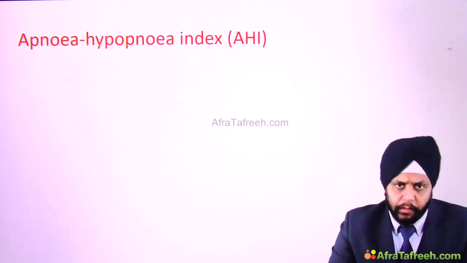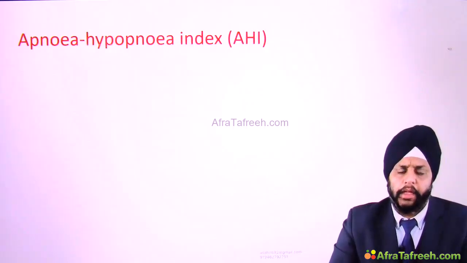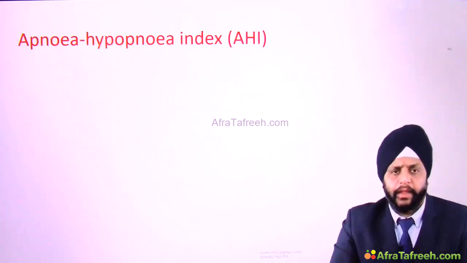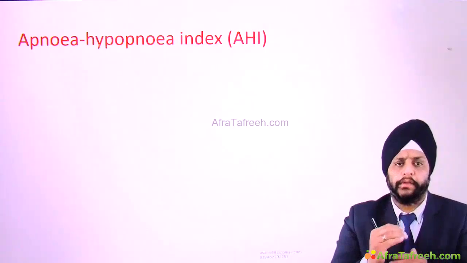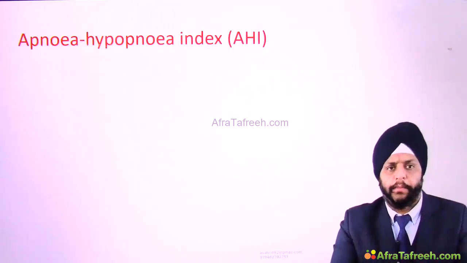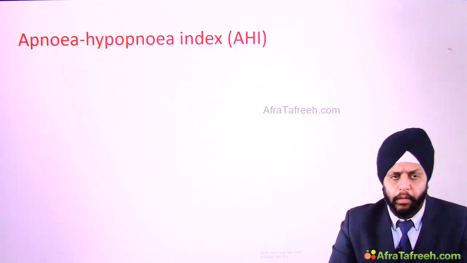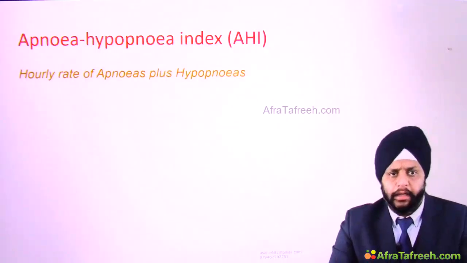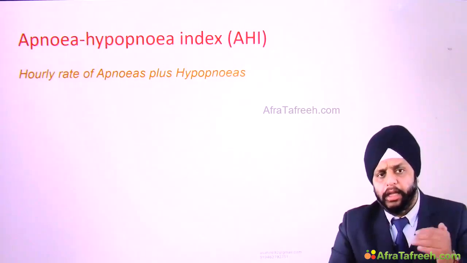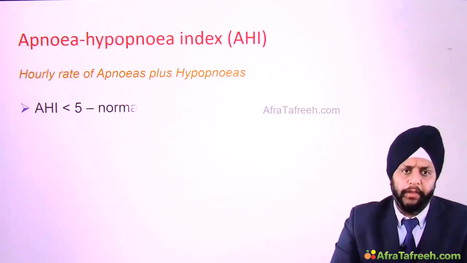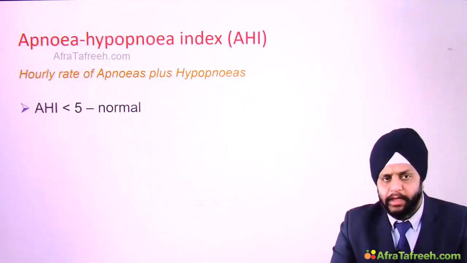Now, the severity of OSA is defined by the apnea-hypopnea index. So as I said, nowadays we are giving equal importance to hypopnea as we were giving to apnea earlier. So now the index considers both apnea and hypopnea. Okay, and it says that we have to measure the hourly rate of apneas plus hypopneas, right? If the rate is less than 5, it is considered normal.